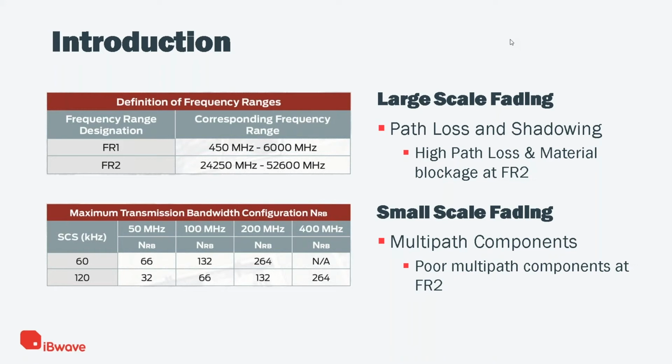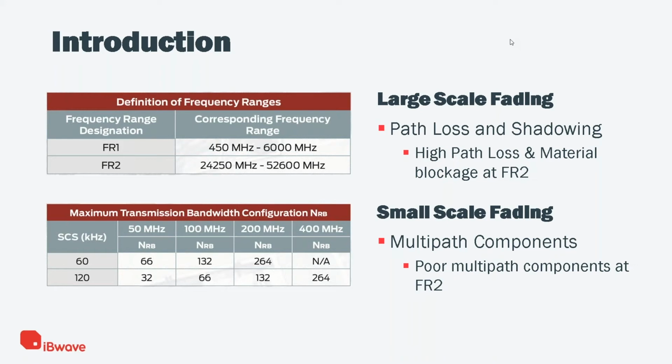This poor behavior of the multipath component at frequency range 2 will not make the MIMO performance as good as it is in frequency range 1. MIMO performs well when the channel has some kind of rich scattering effect and where the channel matrix has a high rank indicator.